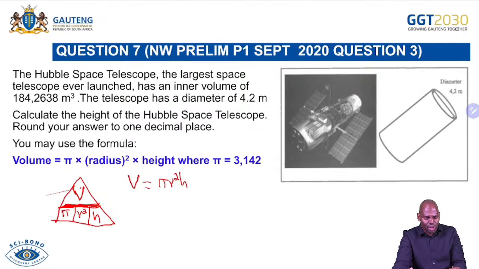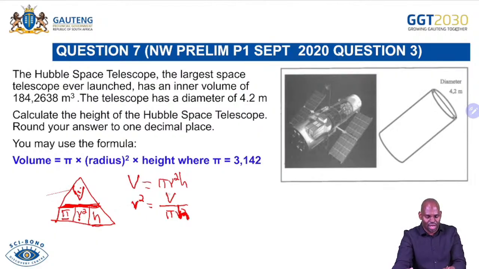If you want to calculate the radius, then you're going to say r squared is equal to v over pi h. Sorry, this must be h. So it must be pi and h. So r squared is equal to v over pi h.